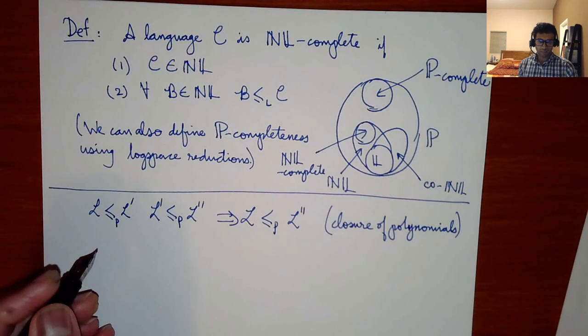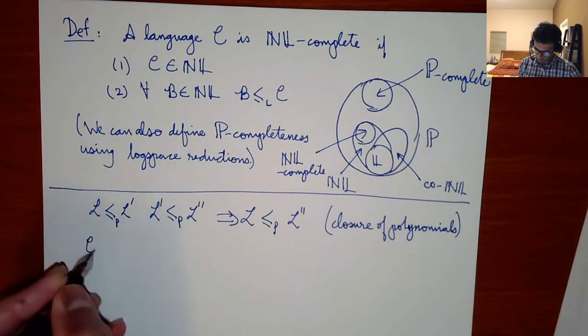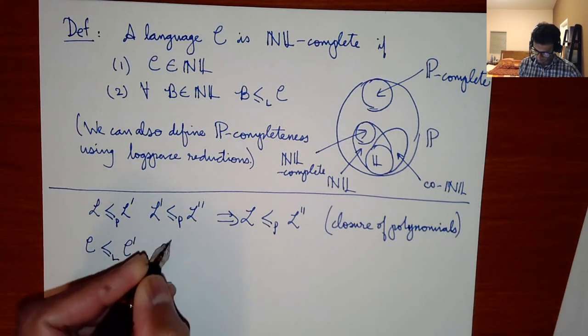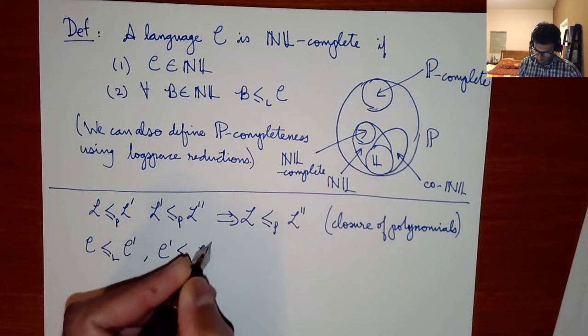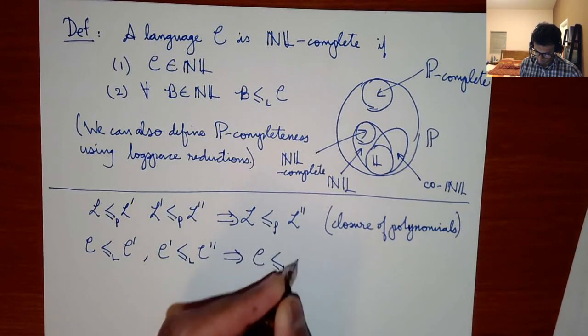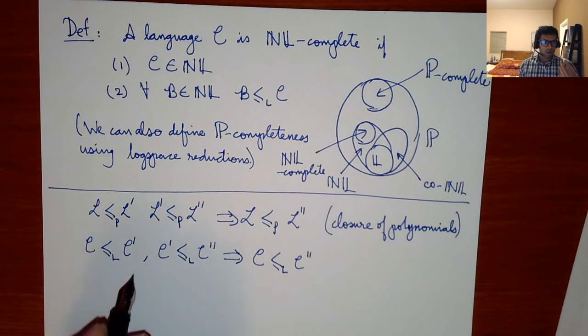So you need something similar for NL as well, where you would say, okay, here's my language C. You would like to argue this, but now this is not as trivial anymore, because there isn't a Logspace machine that actually produces the entire output.